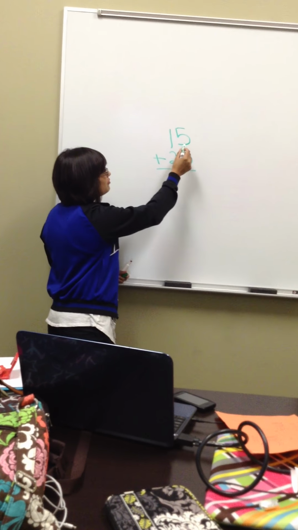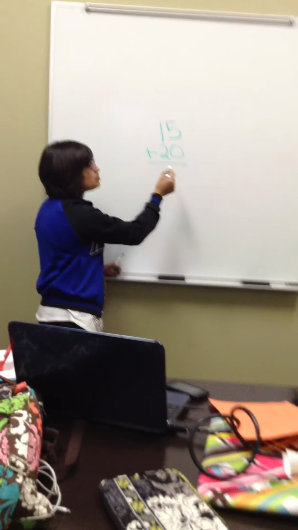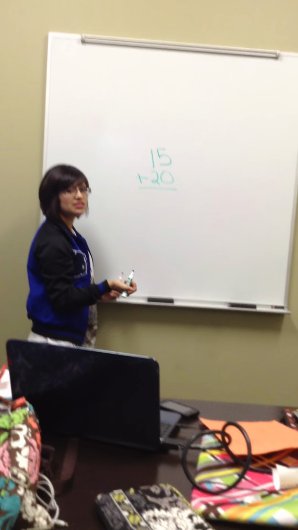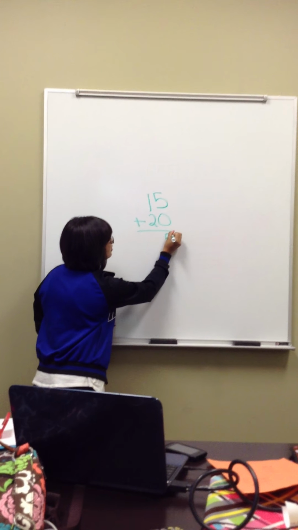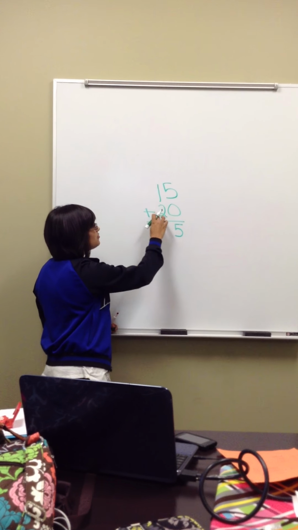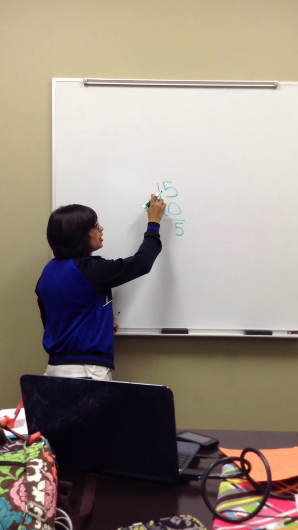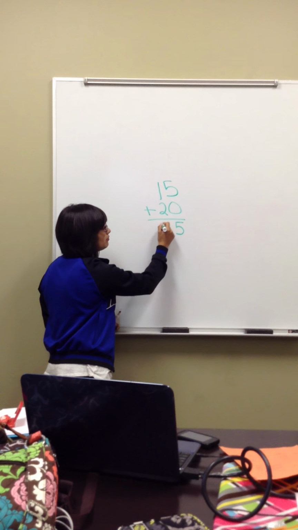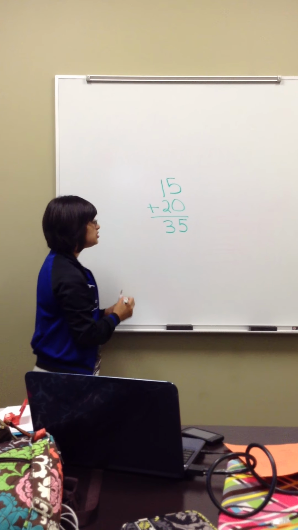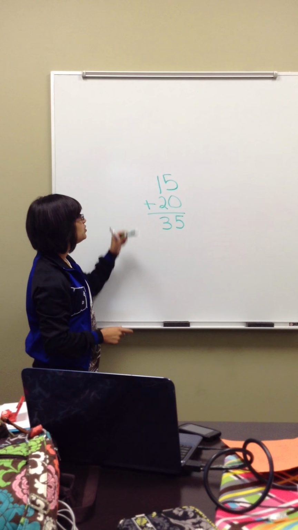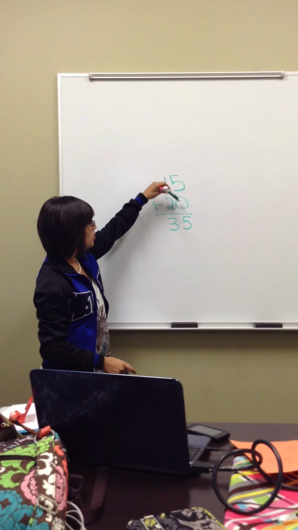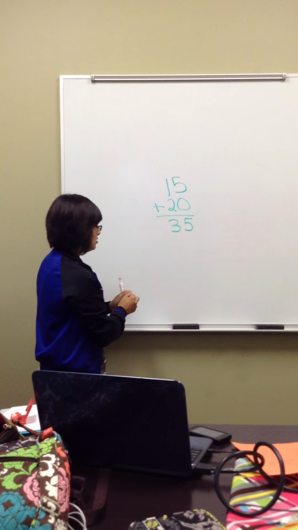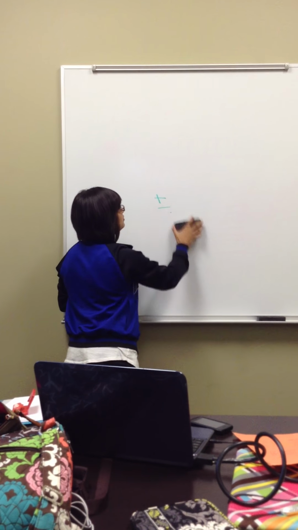So we have a 5 and a 0. So 5 plus 0 is 5. Okay, and then we go to this value. So 2 plus 1 would equal 3. And what we're doing is we go through each place value and just add them in a row, just like that. So let's do a little harder one.